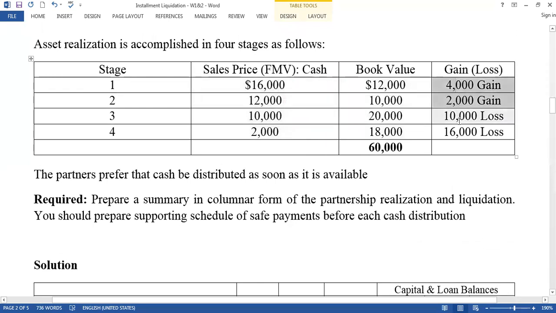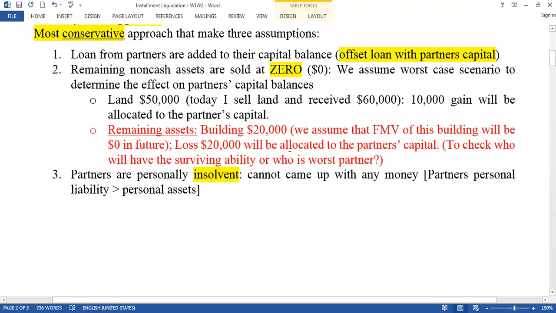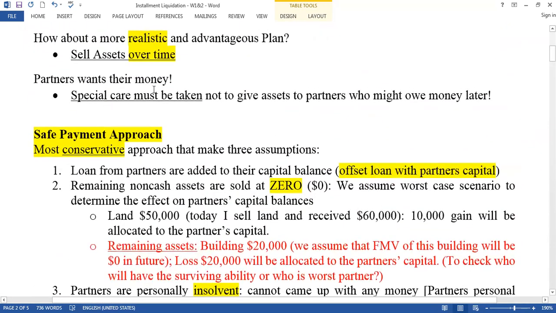Sometimes we have gain, sometimes we have loss. Now we are going to allocate this gain or loss. After allocating, if we have any remaining cash, we have to pay it out, but not to all the partners immediately. The question said that we have to take special care of those who have the surviving ability.